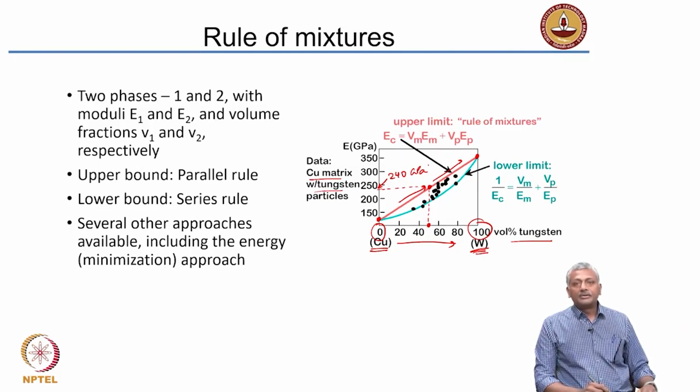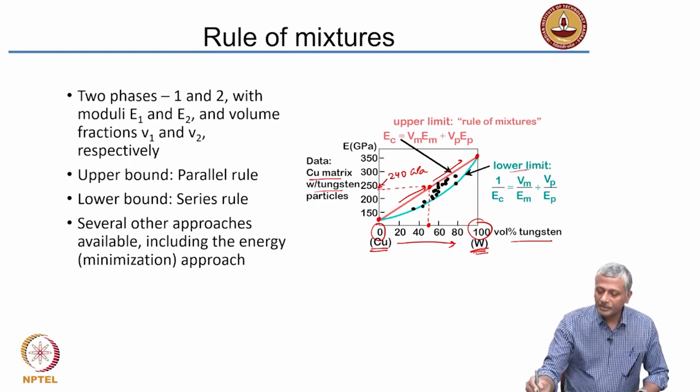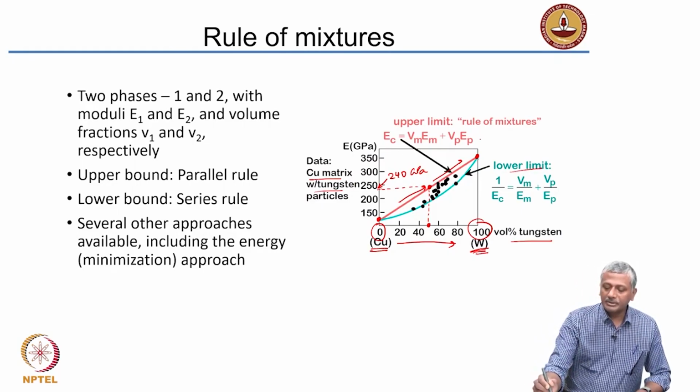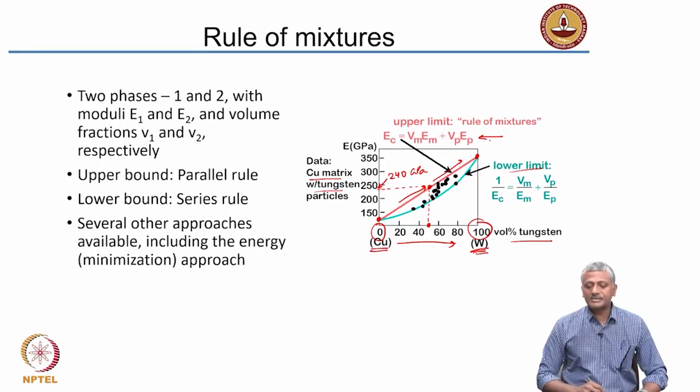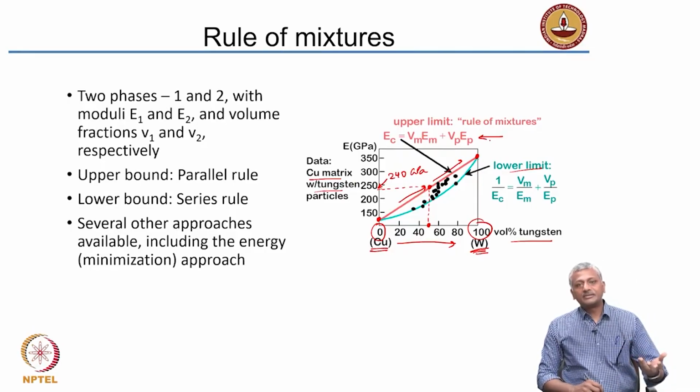Okay. So, how do we actually formulate these rules? And again, there is also a lower limit. In the upper bound, you typically say that the modulus is equal to the weighted or volume fraction average modulus.